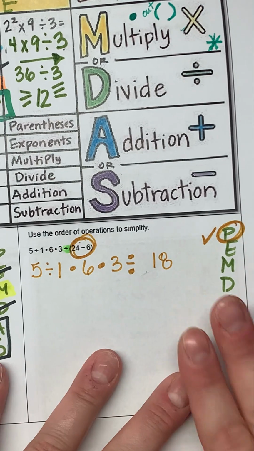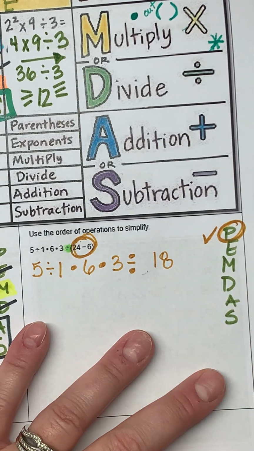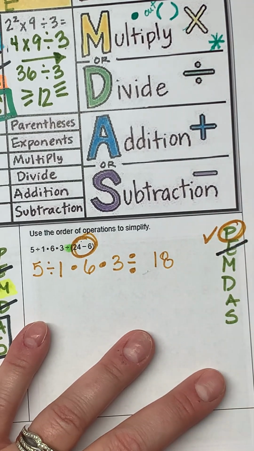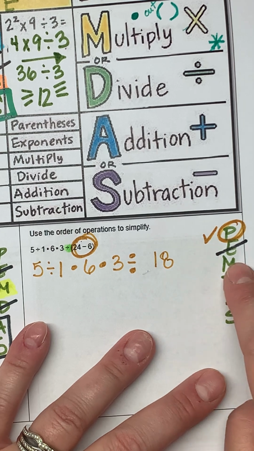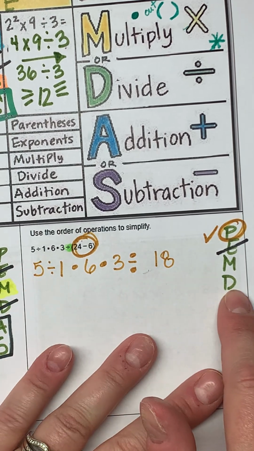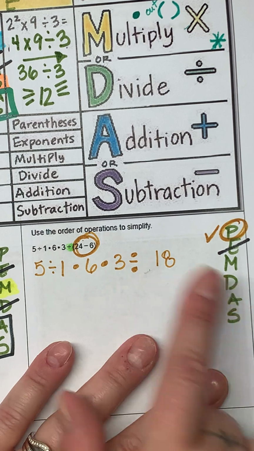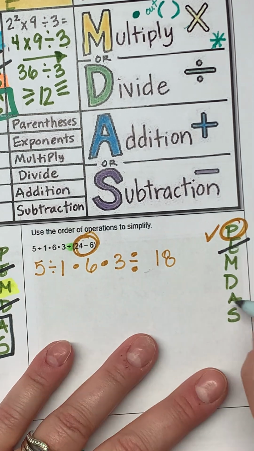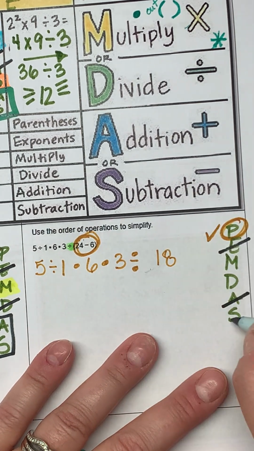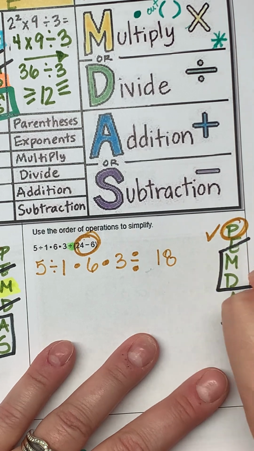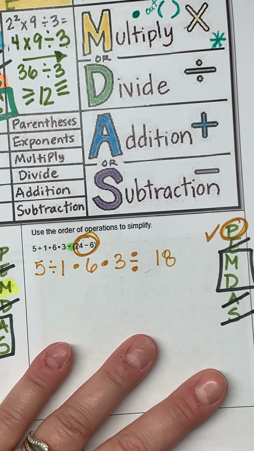Okay, so enough. Let's go to E. There's no exponent. M. There's lots of multiplies left, and there's lots of divides. Let's see, is there any addition? Nope. Is there any subtraction? Nope. So that means I literally just have multiply and divide left.